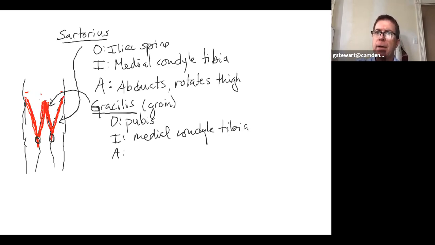Action's a little bit different than the sartorius. This one adducts, ADD, that it brings your legs close together to the midline. So ADD adducts the thigh.